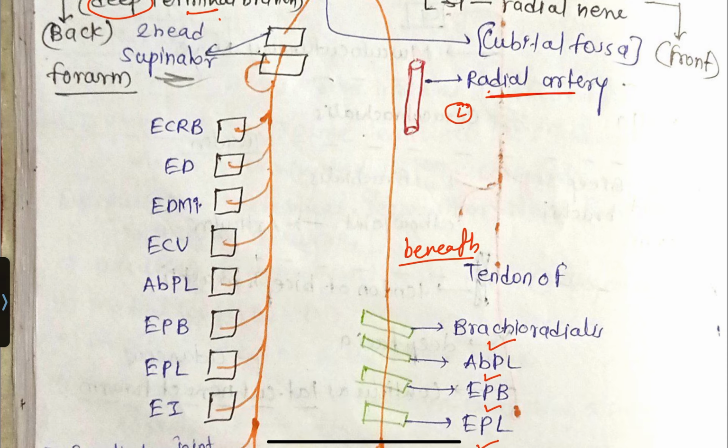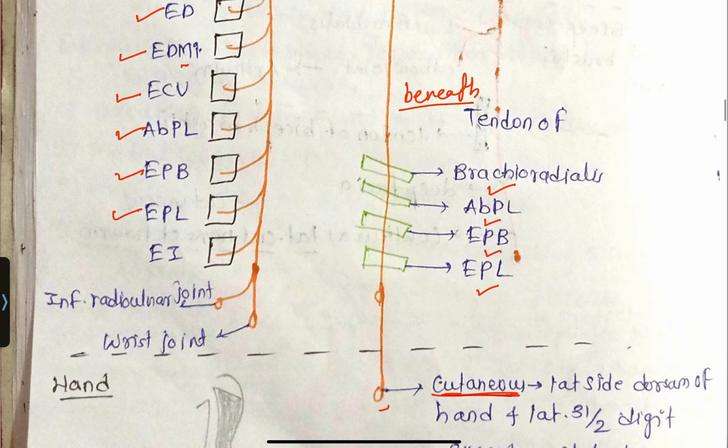In the forearm, it will supply the extensor carpi radialis brevis, extensor digitorum, extensor digiti minimi, extensor carpi ulnaris, abductor pollicis longus, extensor pollicis brevis, extensor pollicis longus, and the extensor indicis. Then it will give two articular branches to the inferior radio-ulnar joint and one to the wrist joint.